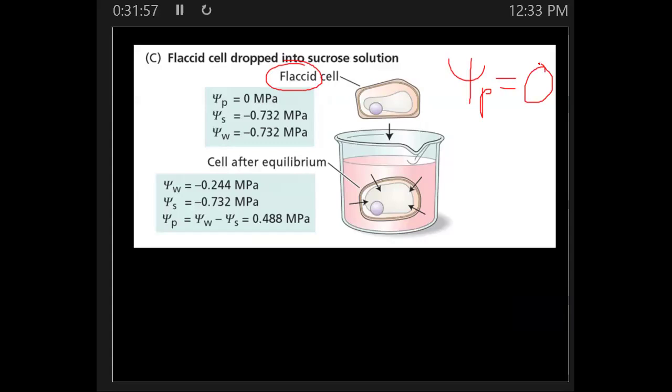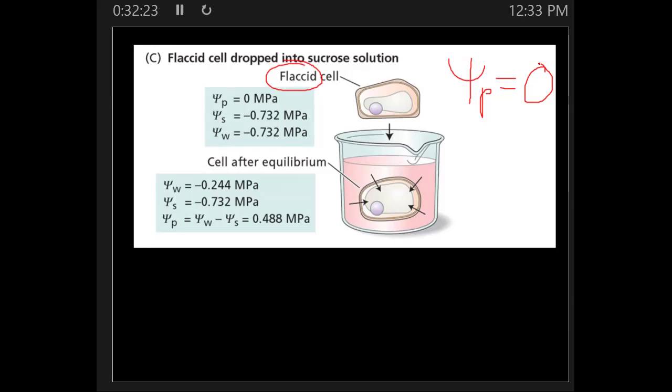There's not enough water in that cell to cause any outward pressure on the cell membrane or the cell wall. So your ψP value with a flaccid cell is 0. Someone did the calculation of how many solutes are in that plant cell and came up with negative 0.732. Add those together, and you get negative 0.732 megapascals for your overall water potential.